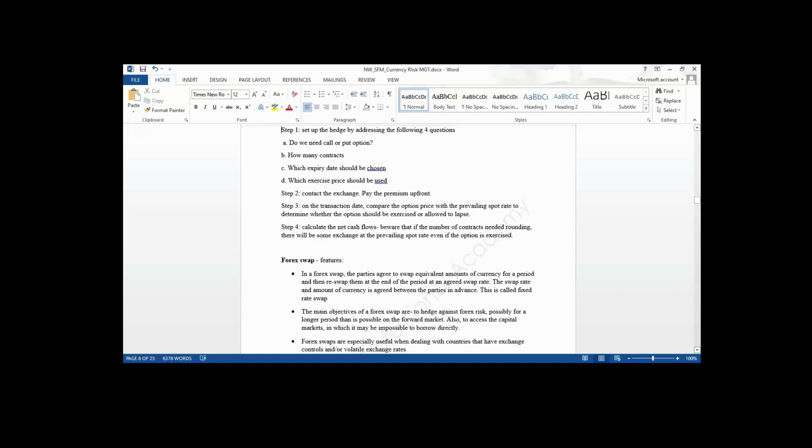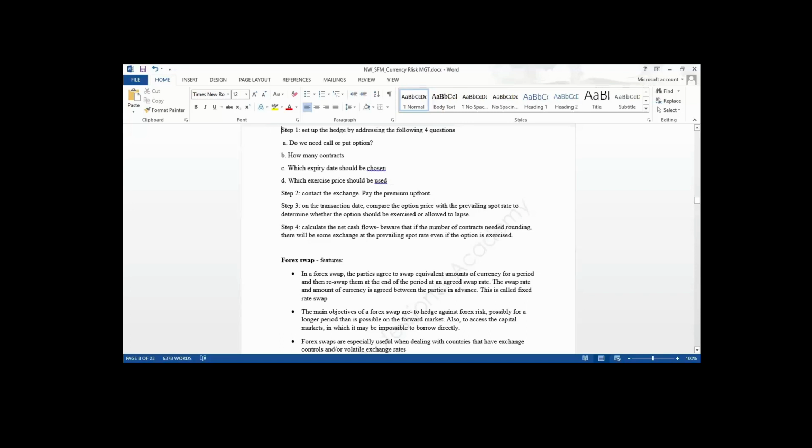Now, for simplicity, currency swap or foreign exchange swap is similar to forward contracts.